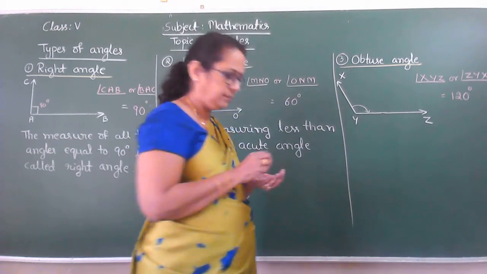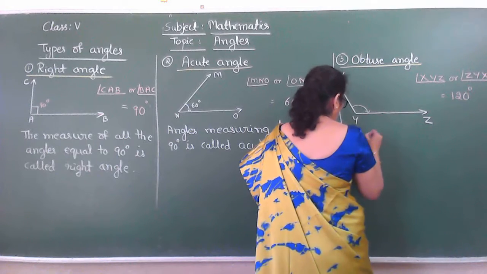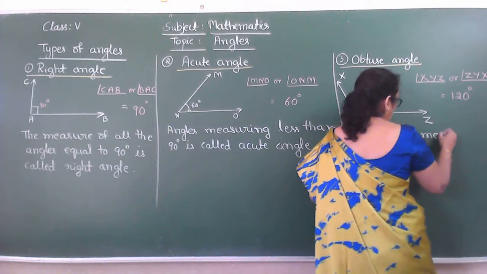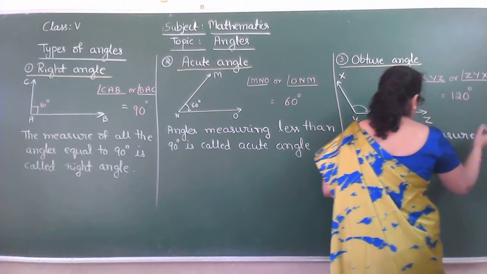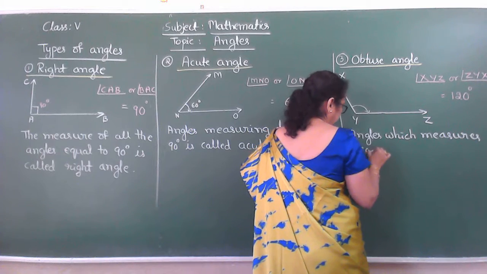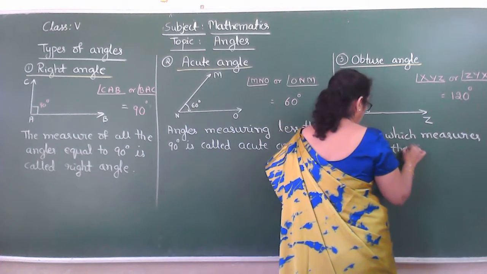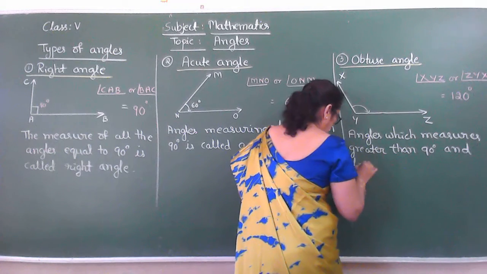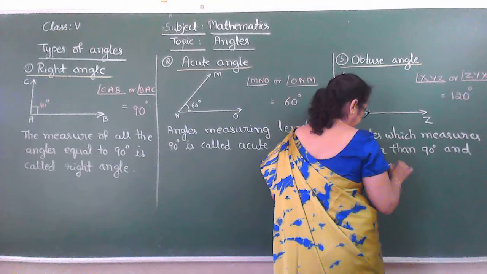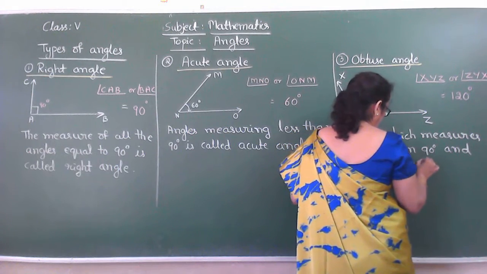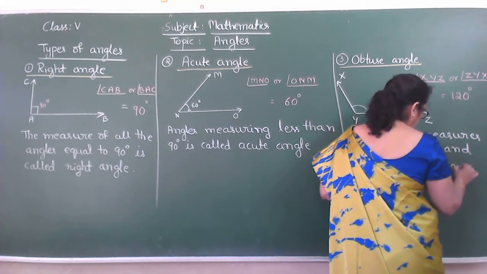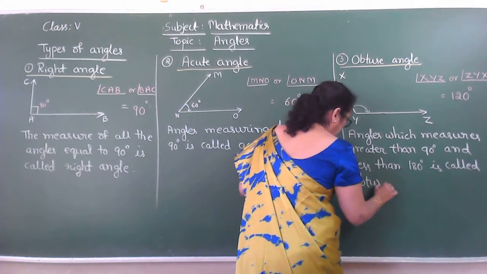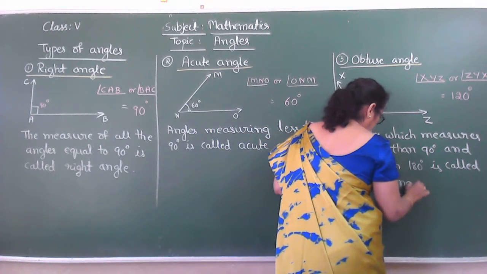So angles which measure greater than 90 degree and less than 180 degree are called obtuse angles.